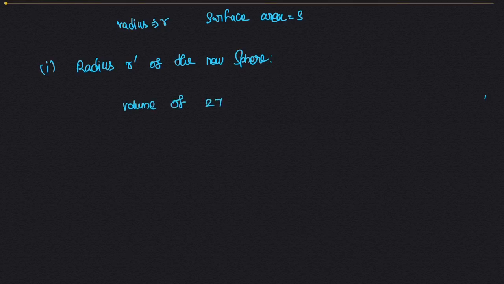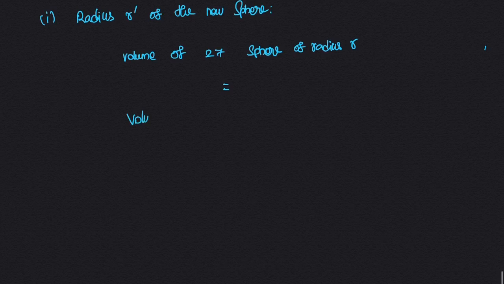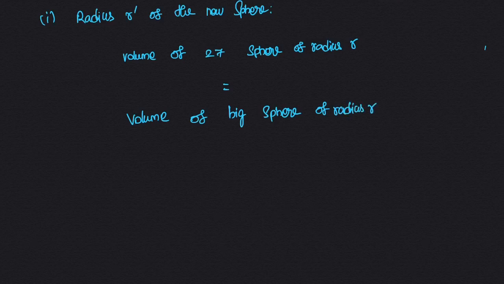Volume of 27 spheres with radius r is equal to volume of one sphere, it's a bigger one. So big sphere of radius r dash.